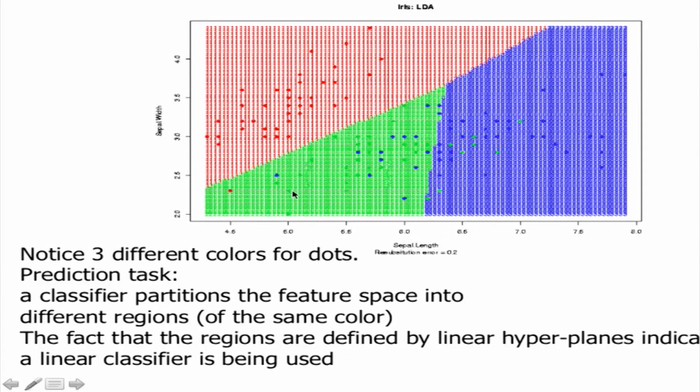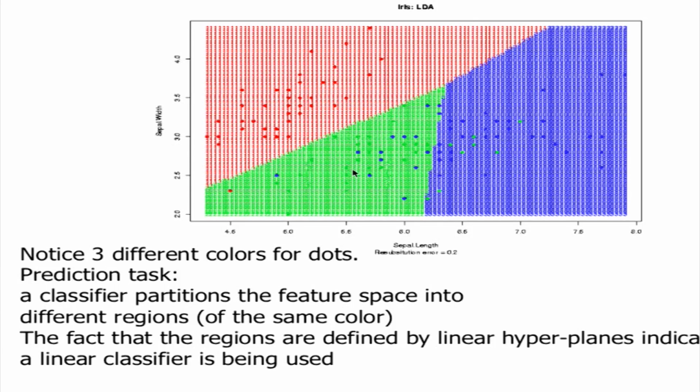Well, these are observations in the learning set that are misclassified, you know, because your predictor partitioned this space into regions, and it used, of course, an algorithm to do it in an optimal fashion, but it just turns out that some irises are misclassified. They don't behave as they should, okay?